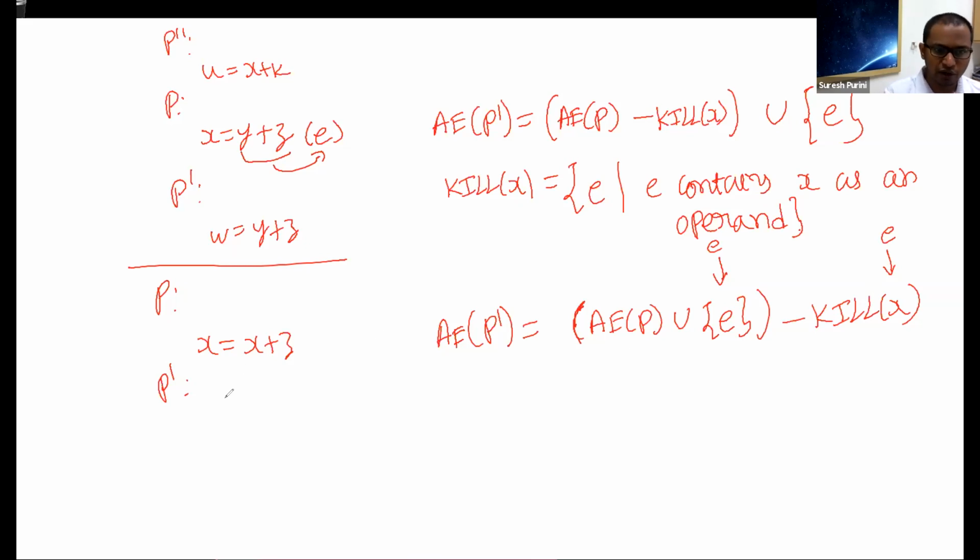So when we look at the program point P prime, the expression E is not included. By rewriting this relationship in this particular fashion, we are able to take care of this particular case too. This particular relation takes care of this case and this case too without any problem.